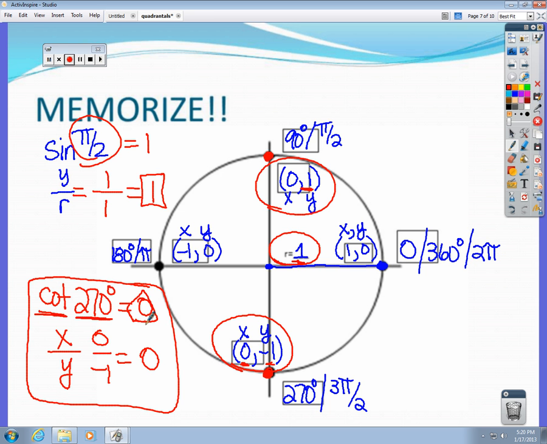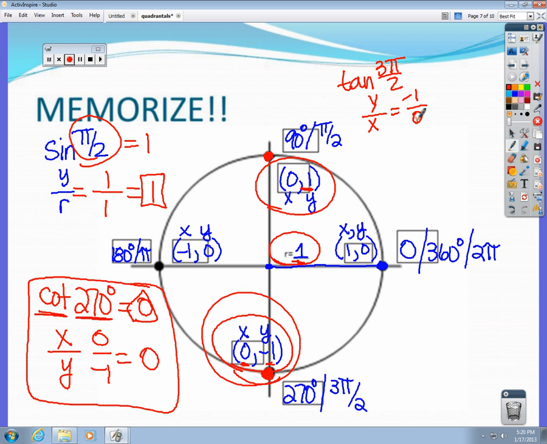Okay, one more. Let's try the tangent of 3 pi divided by 2. Okay, so tangent tells me that my formula that I'm going to fill in is y over x. 3 pi over 2 is in the same position as the 270. So again, I'm going to use the numbers at the bottom of the circle for x and y. But this time it's y over x, so my y is -1, my x is 0.